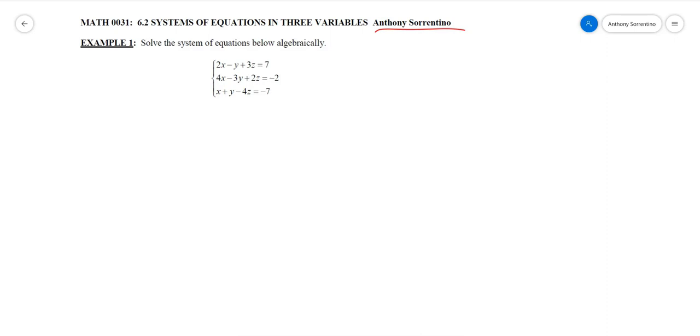As long as I have the same number of equations as I have unknown values, I'm usually pretty good and either going to be able to find that they do have a solution in common, or that they don't, or they may have infinite solutions. Who knows?